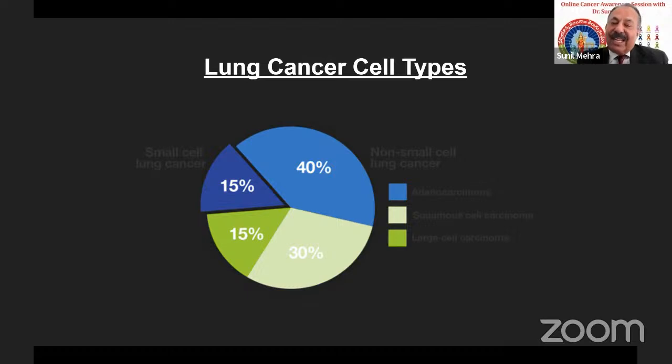The most common cancers related to smoking are squamous cell carcinoma, 30%, and small cell carcinoma. But if somebody asks a question, the most common kind remains adenocarcinoma. These terms are combined and called non-small cell carcinoma, in which you combine adenocarcinoma, squamous, and large cell. Next.